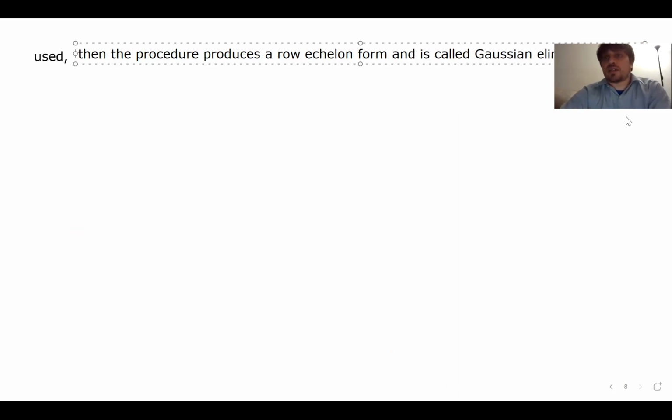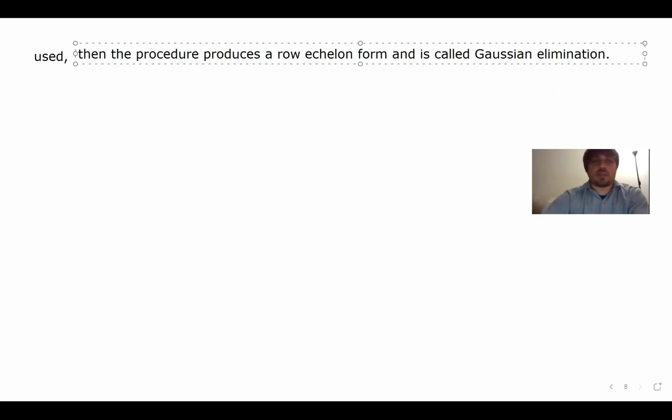Okay, so applying the first 5 steps is called Gaussian elimination. If you apply all 6 steps, it's Gauss-Jordan elimination.